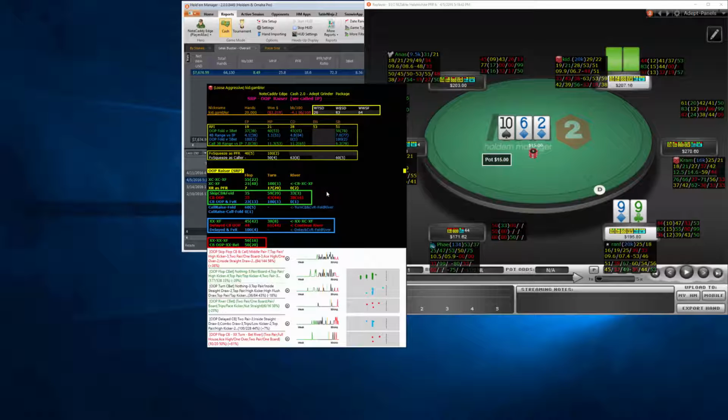The first thing almost always is going to the green rectangle, and in general we want to start our consideration from looking at the red row, which is usually c-bet or fold to c-bet, and in this case it's c-bet out of position, and the numbers are 33% for the flop, 43 for the turn, and 38 for the river. It's generally low. It's low on the flop, and that means that we can realize equity easily, and we can potentially bluff him out of the hand on the later streets.